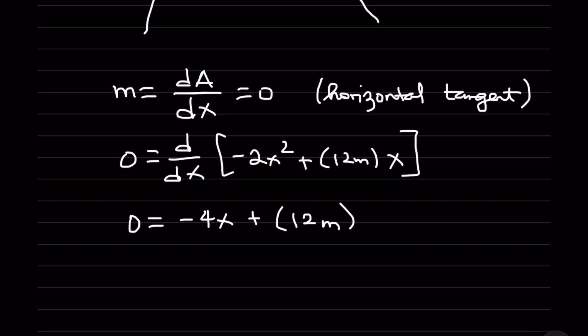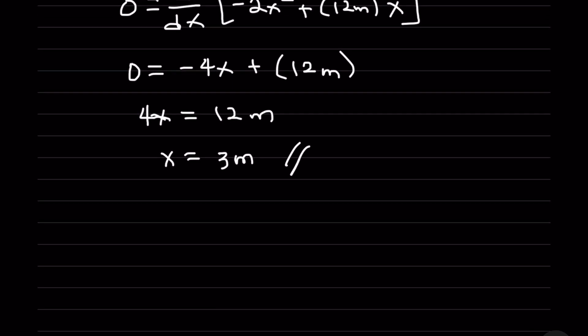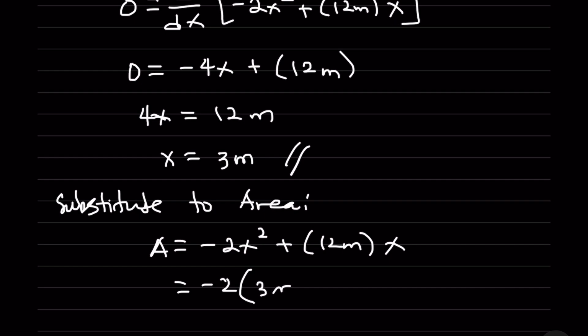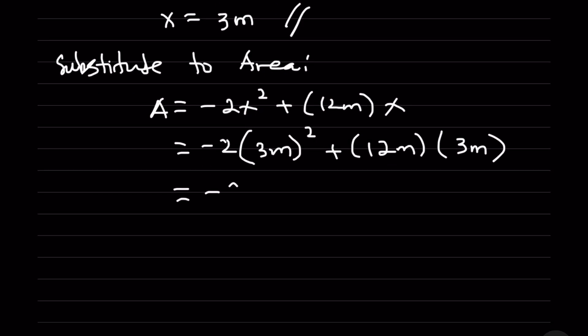So this becomes 0 equal to negative 4x plus 12. Simplify this further, it becomes x equal to 3. So that is the value of x when the area is maximum. We substitute this to our equation for the area. So you have negative 2 times 3 meters squared and so on.